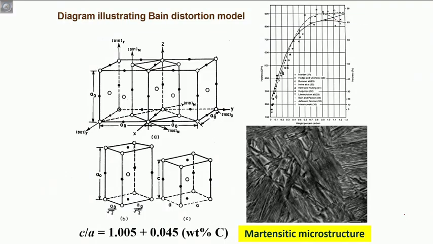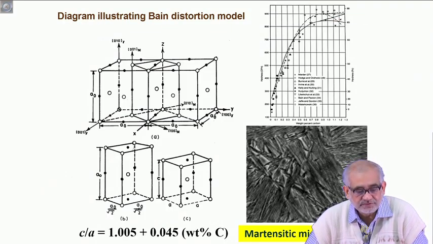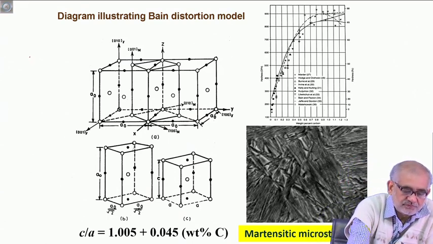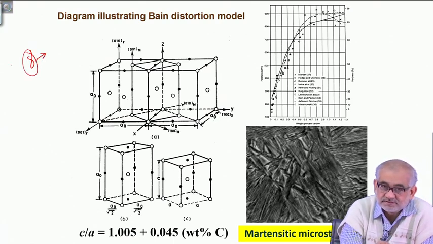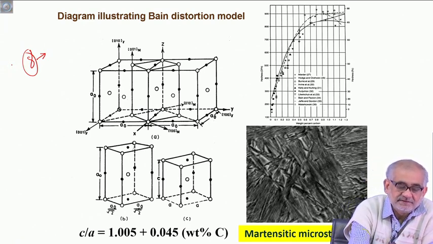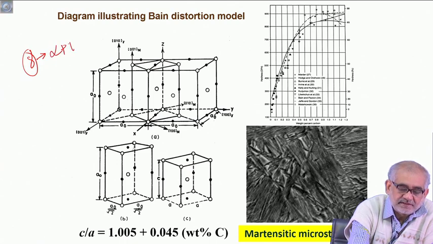If we move on, we also need to understand where this martensite is coming from. For example, the initial reactant is austenite, which is an interstitial solid solution of carbon in gamma iron, the FCC iron. In case of pearlite or bainite, we would have expected ferrite and cementite to form as a two-phase aggregate.